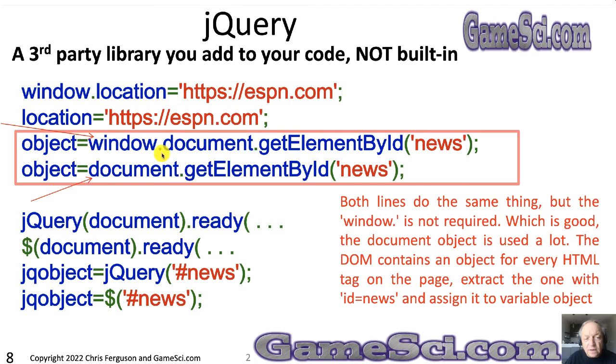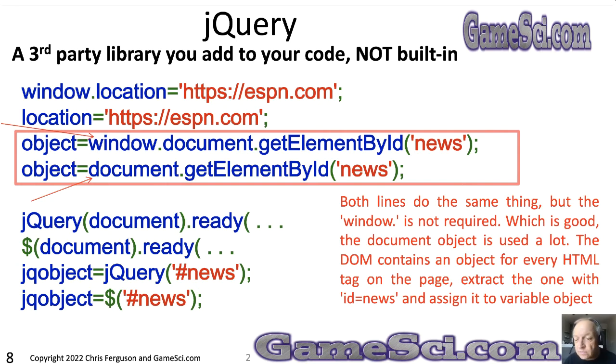Object equals window.document.getElementById, get me the element with ID equal news. I don't have to type the window dot if I don't want to. I can just say object equals document.getElementById and pass it news. Both lines do the same thing, but the window dot is not required, which is good.